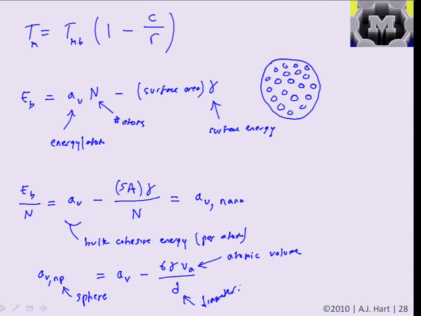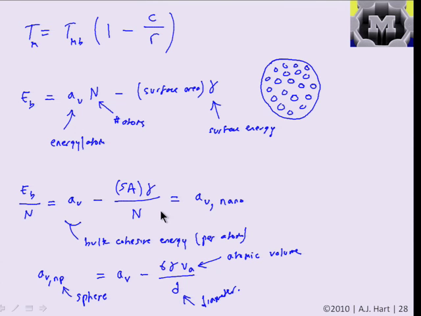So we've just recovered a surface area to volume ratio, like what we derived at the beginning of lecture 1.